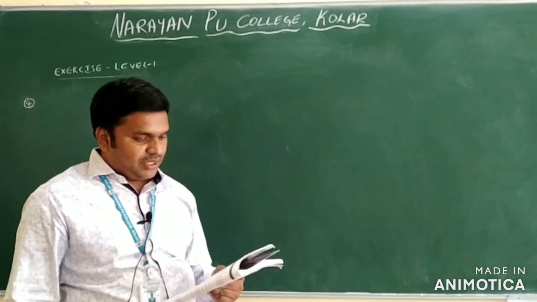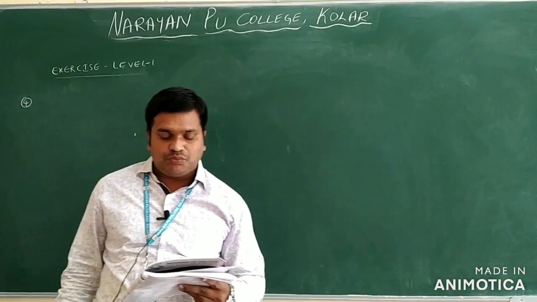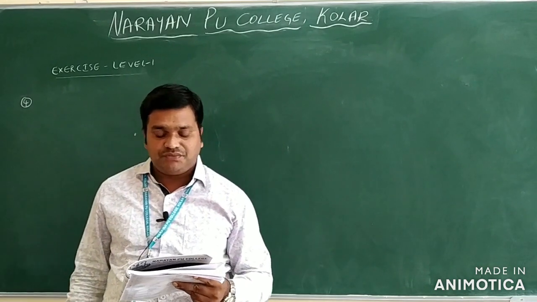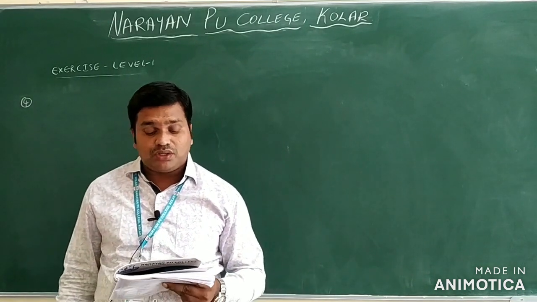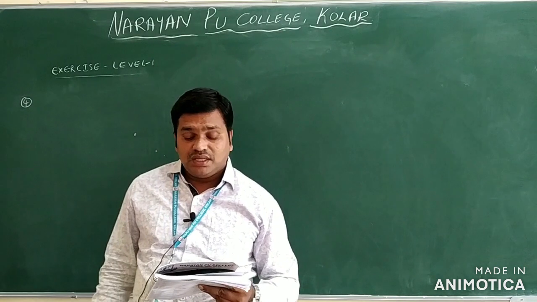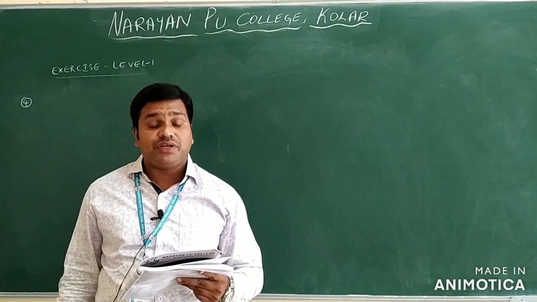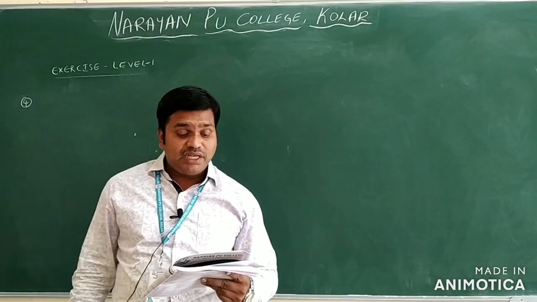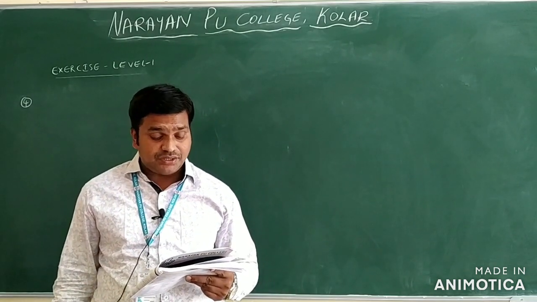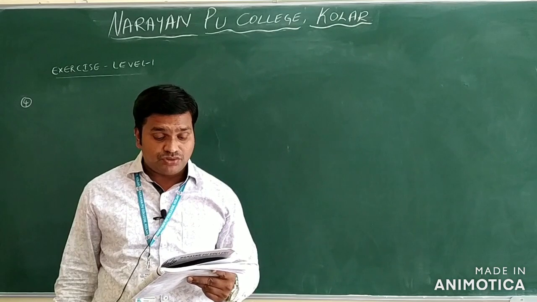Next, question number 4. We have 100 ml of 0.1 normal HCl titrated with 0.2 normal NaOH solution. The titration was discontinued after adding 30 ml of NaOH solution. The remaining titration was completed by adding 0.25 normal KOH solution.